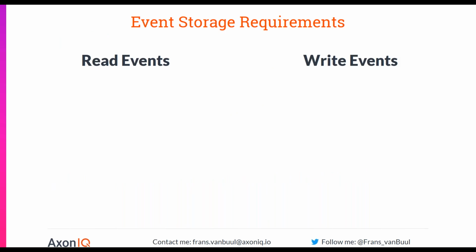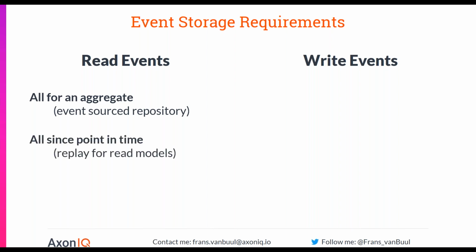On a very high level, an event store needs to read events and write events. Those are the two basic things it has to do. Reading comes in a couple of flavors. So there's the case where you want to have all events for a particular aggregate, for a particular object, like an order. And that's the case that's relevant for command handling.